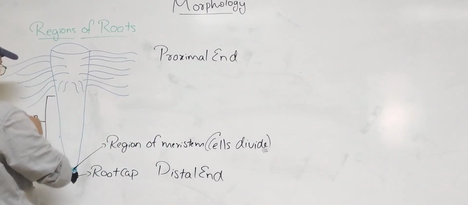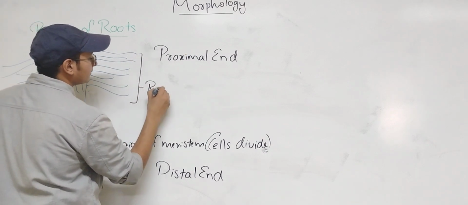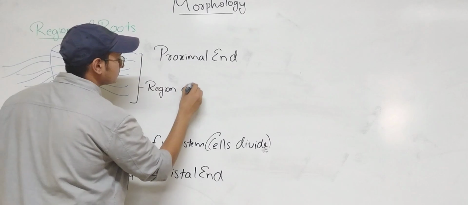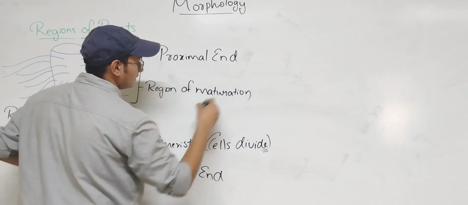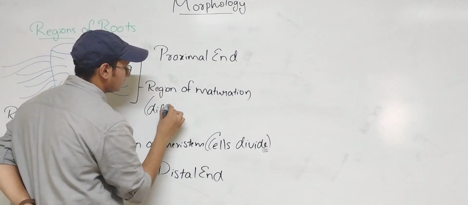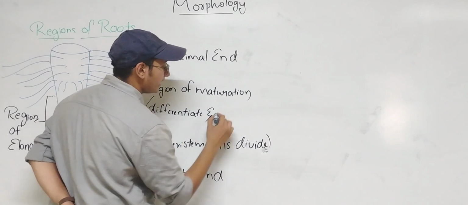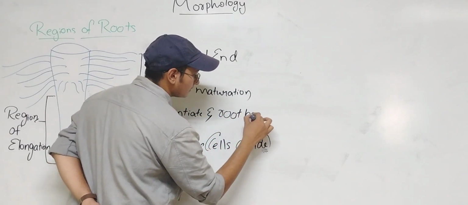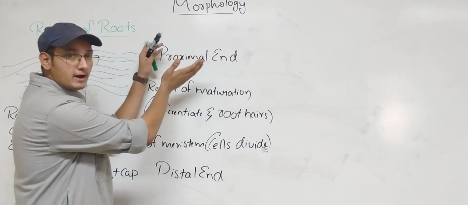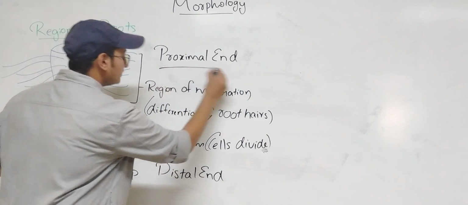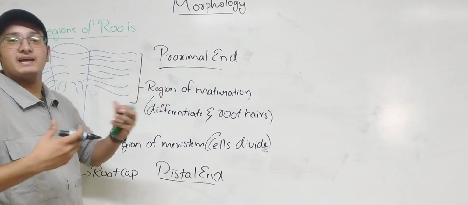And the proximal region, which is above the region of elongation, is known as the region of maturation. Here the cells differentiate and root hairs are present here. So the top part is known as the proximal end and the lower part is known as the distal end. Remember these two terms, they might be asked anywhere in exams.